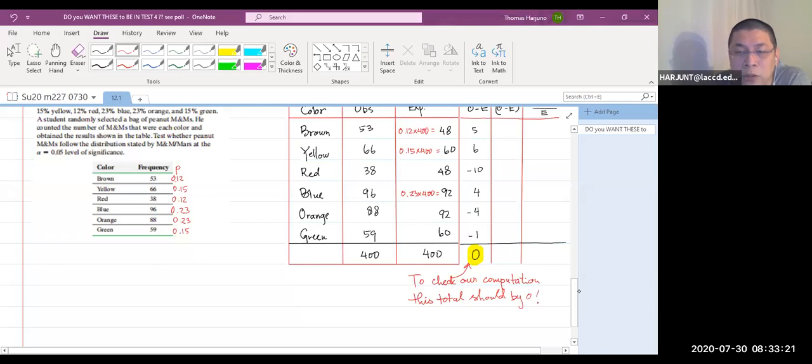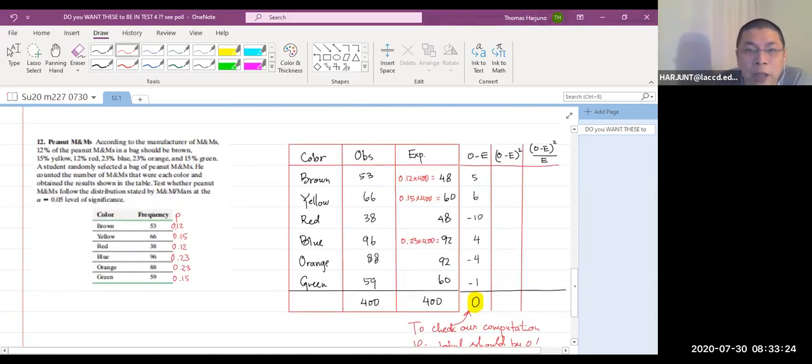Because if any category gets extra, then another category will be less. In total, there should not be any difference between observed and expected. Yeah, because we did see here 400 minus 400 should be 0, right? And that also happens with the categories.